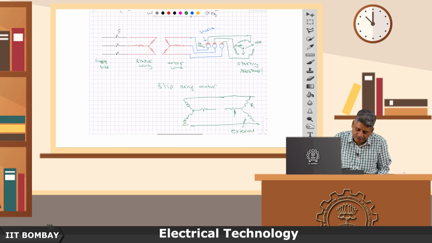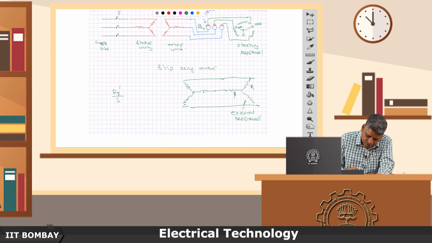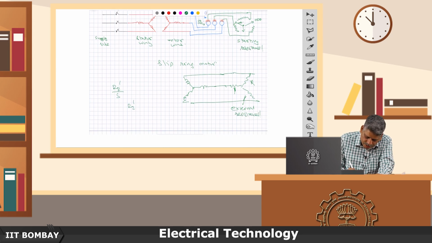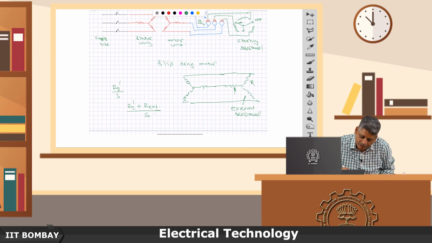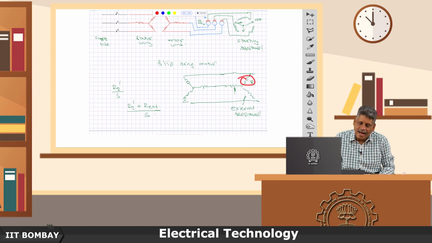So, what happens with the rotor winding, instead of having just R2 dash by S, now what we have is R2 dash plus R exterior by S, because this resistance here is directly adding to it.